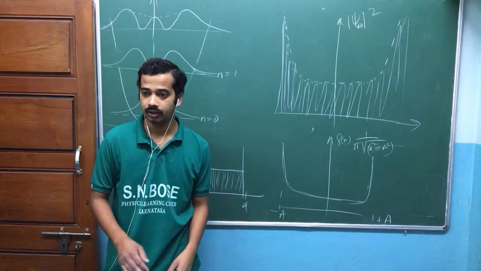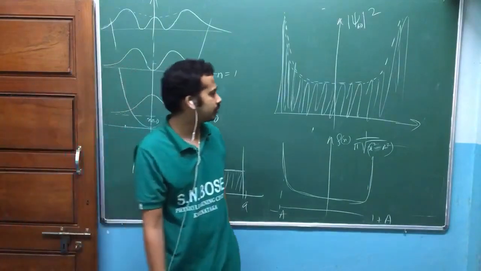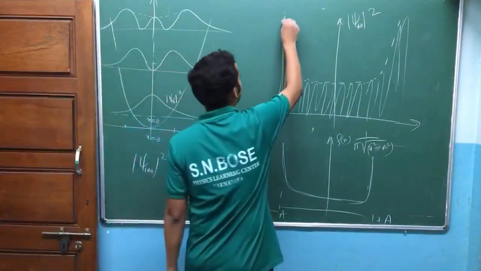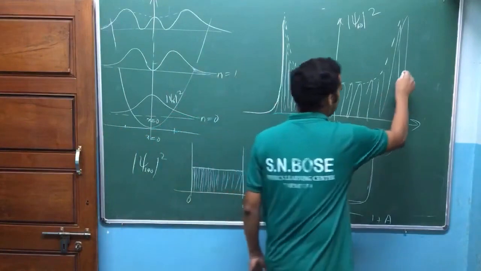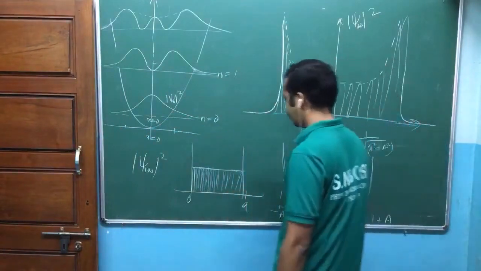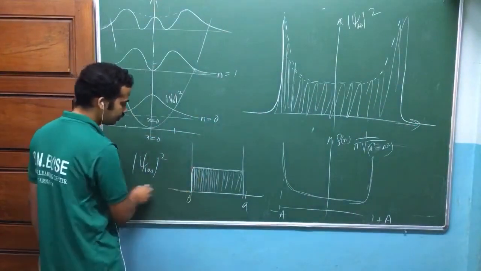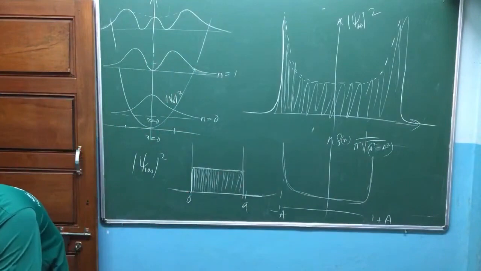Definitely, linear harmonic oscillator wave functions are different. Look at here. Again, it will not go to 0 suddenly. It will go to 0 again like this actually. In a particle in a box, the wave function is 0 here and here. Find the difference.